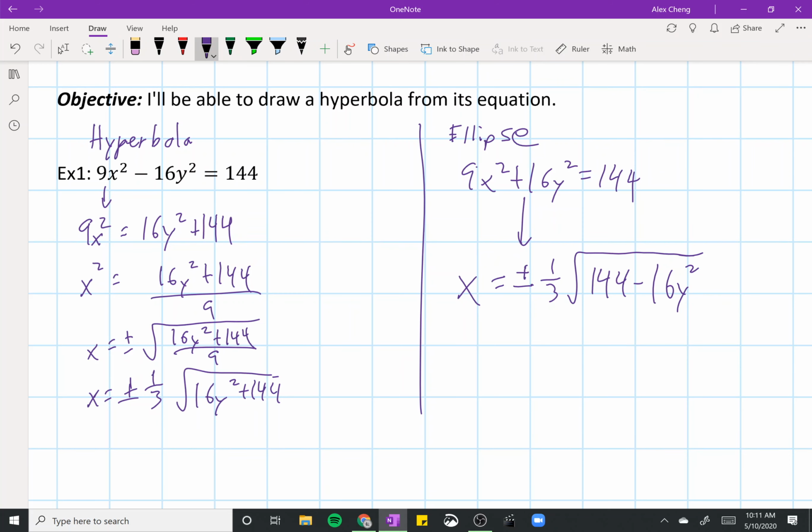Okay, so let's stick with the ellipse just to remind us what happened. Well, if I want to figure out what x could be, I need to figure out what y could be in this case. And since it's inside a square root, I need that inside to be non-negative. So what we did was I took 144 minus 16y squared, and I need that to be at least 0.